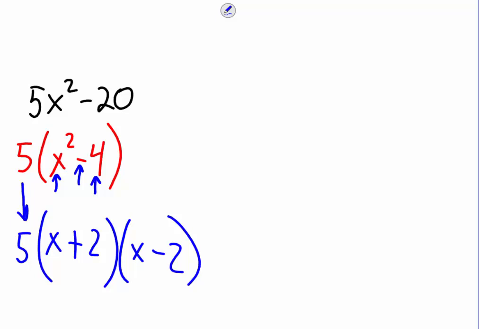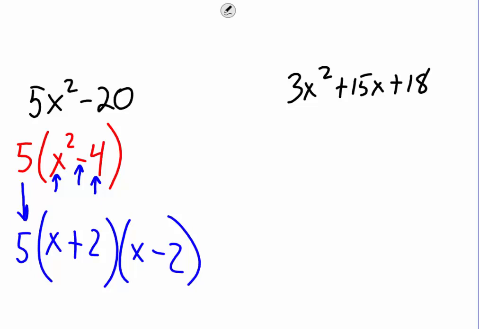Now, the last one that I'm going to show you leads into our next video. It might look something like this: 3x squared plus 15x plus 18. This is a regular quadratic. We could factor it using one of several different ways to factor quadratics.